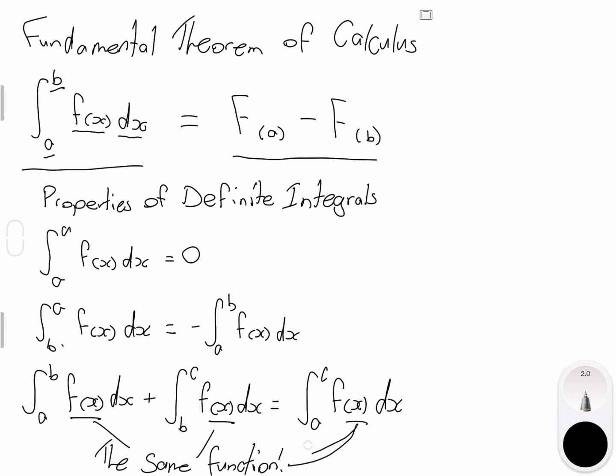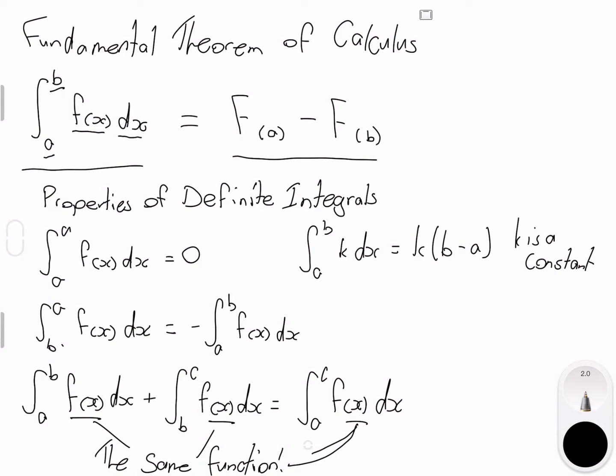Alright, another one, and I'm going to run out of room in a minute, so if you're not copying them down, I'll tell you when to copy them down before I clear the screen and start a new page. So if you're looking at the integral from a to b of k with respect to x, well, k is just a constant, so it's k times b minus a.